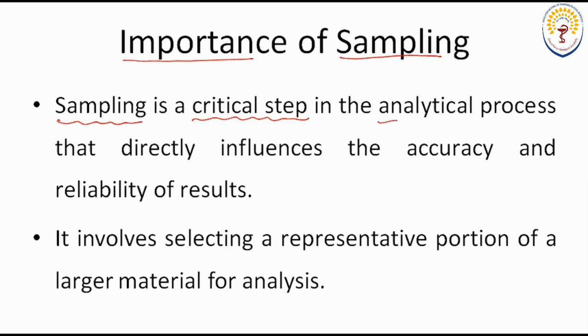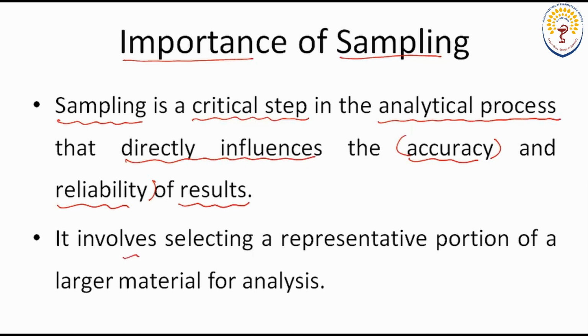So it's a very critical step in the analytical process, and it directly has an influence on the accuracy and reliability of the results. Obviously if something is affecting the accuracy and the reliability of the results, that means that process is extremely important. So that is why in this lesson number 3 you are studying sampling and the ways to prepare the sample.